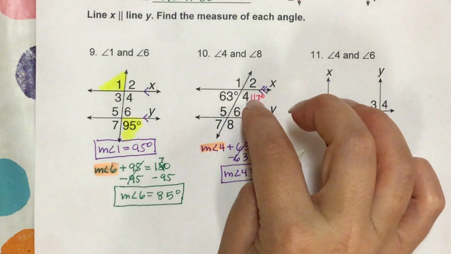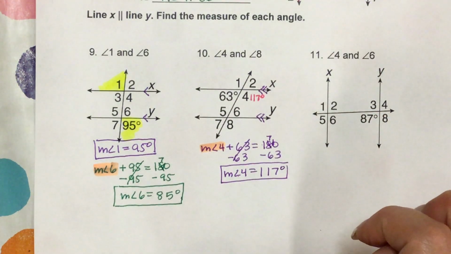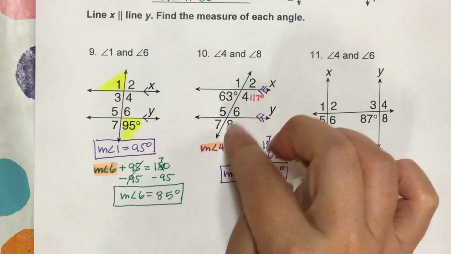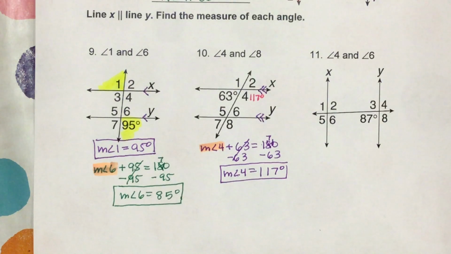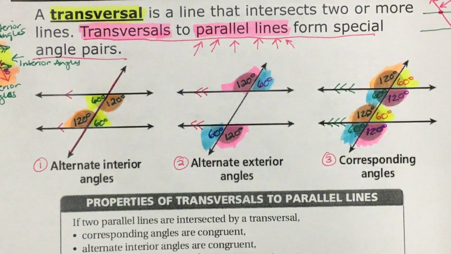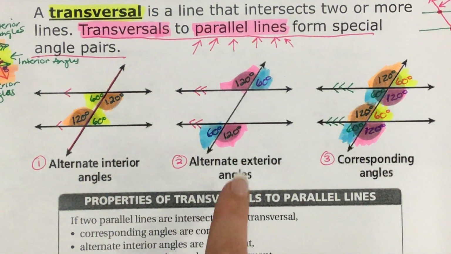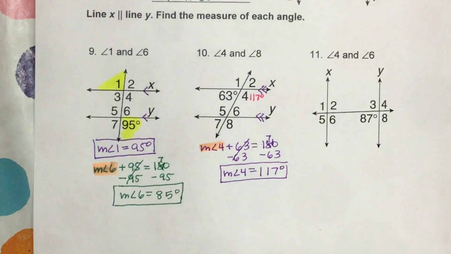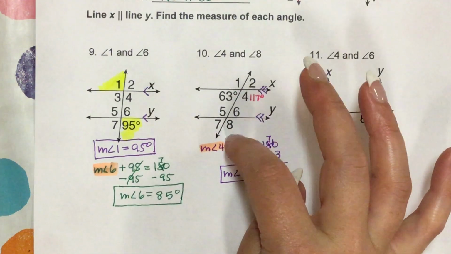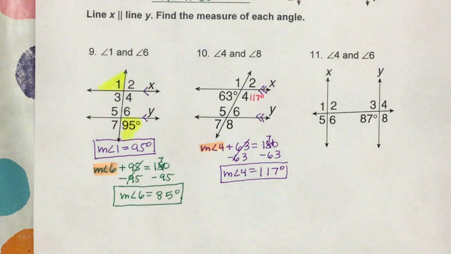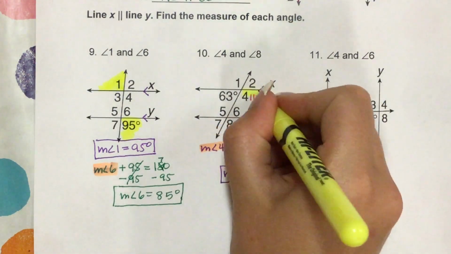Now, let's look at how 4 and 8 are connected, or what type of angles they are. Remember, these are parallel lines, which opens the door to the alternate interior angles, the alternate exterior angles, and the corresponding angles. What I see about 4 and 8 is that they're on the same side of the transversal.